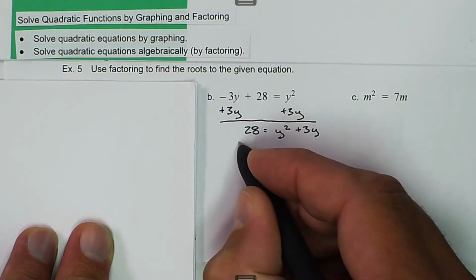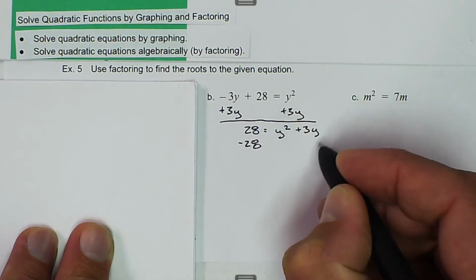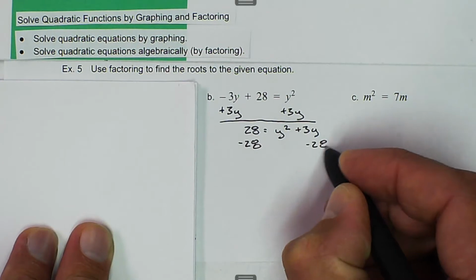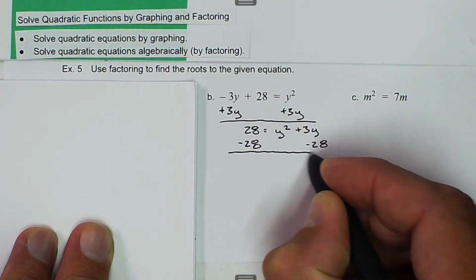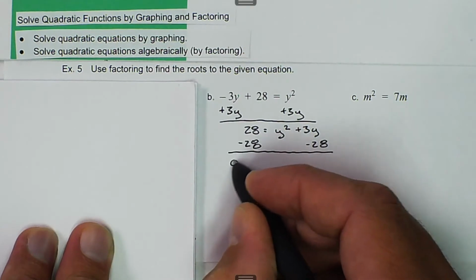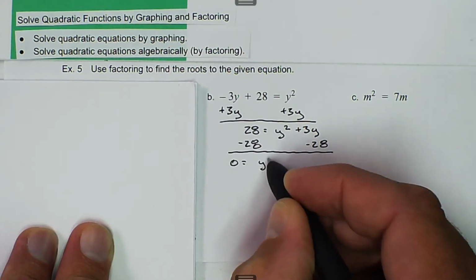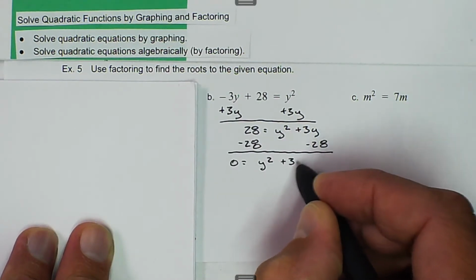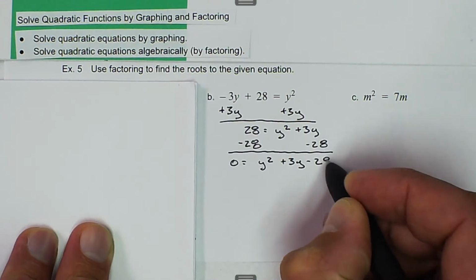Then we want to subtract 28 because we need to get 0 on one side. And then we get 0 is equal to y squared plus 3y minus 28.